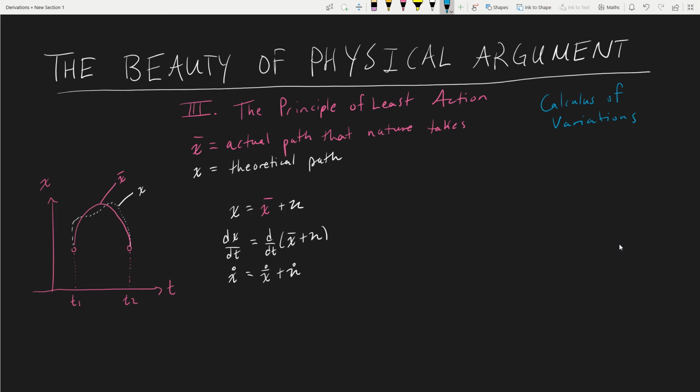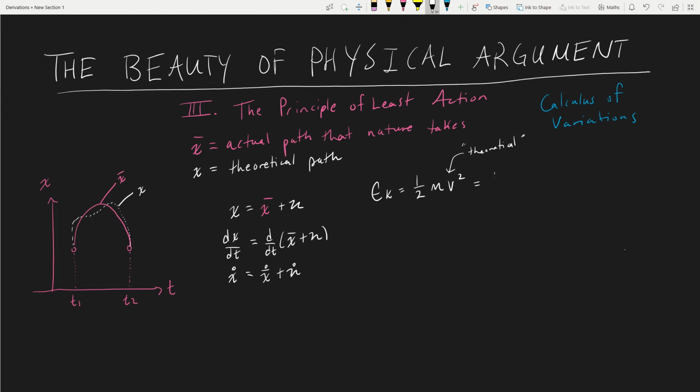So what I want to do next is calculate the kinetic energy of this theoretical flight path. I told you in the last video that the kinetic energy EK is equal to 1/2 mv squared, which in this case, v is the theoretical v.